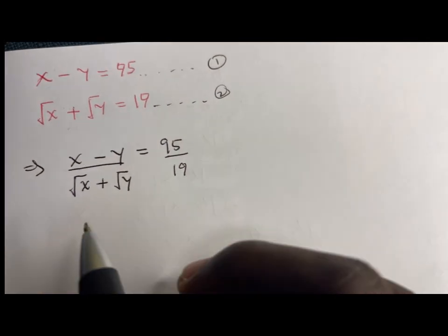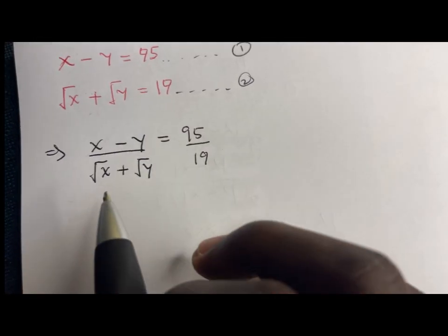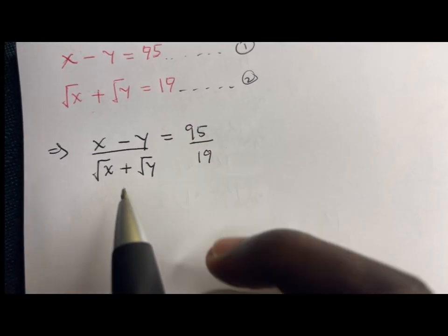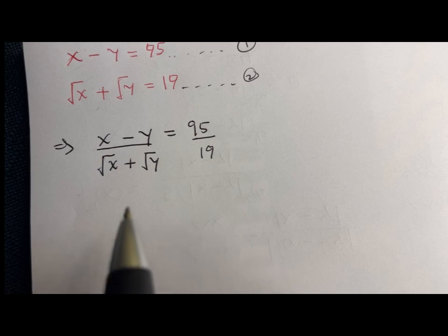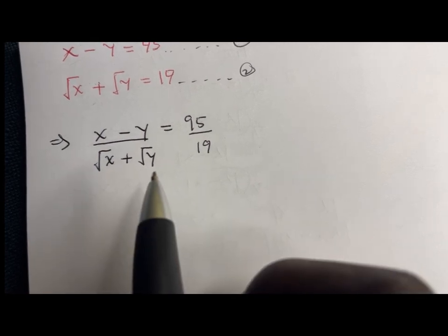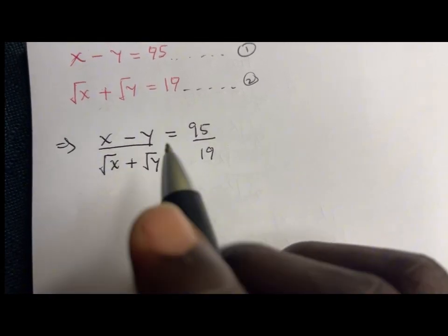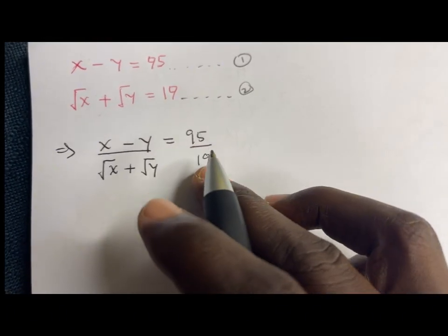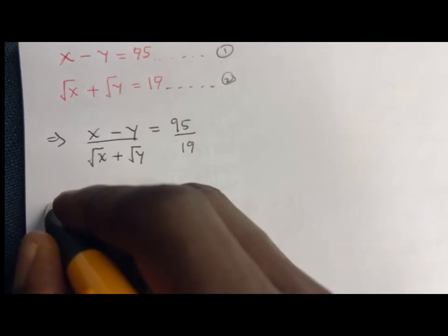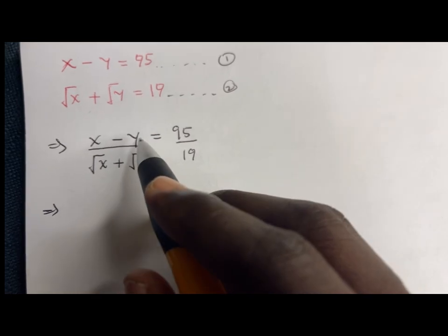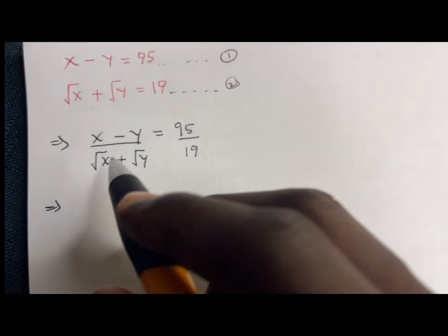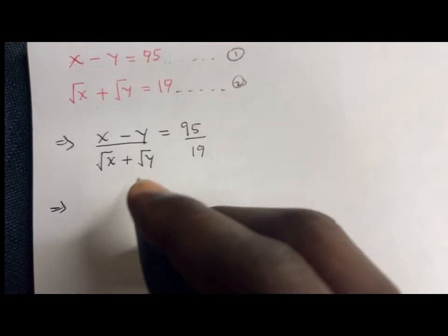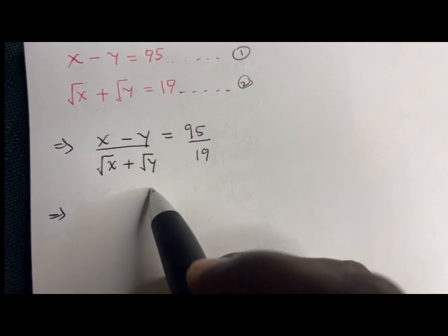Now when we have this type of equation, what comes to our mind first is that it looks like a surd. So yeah, perfect, that is a surd. What you have to do is rationalize it. We multiply the top and the bottom by the conjugate of the denominator.